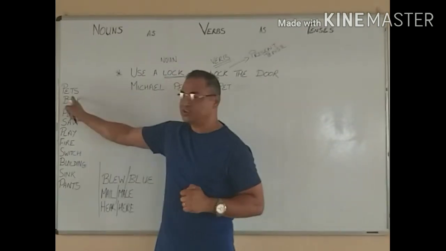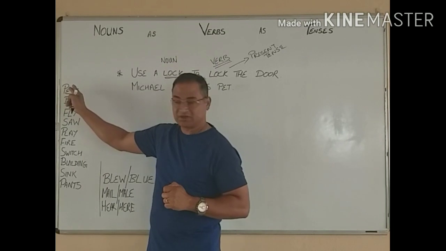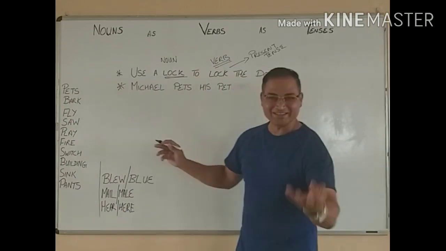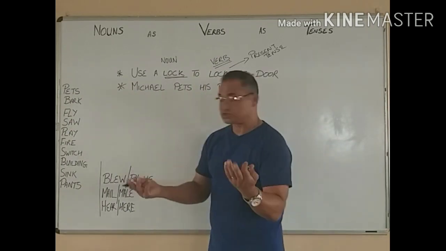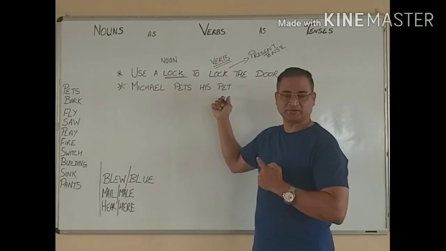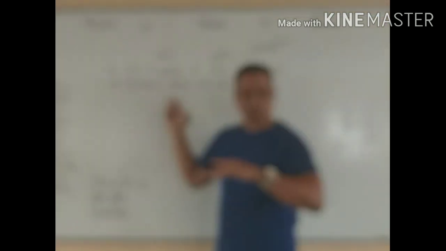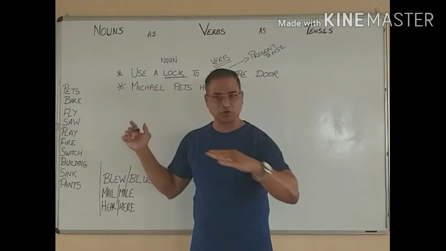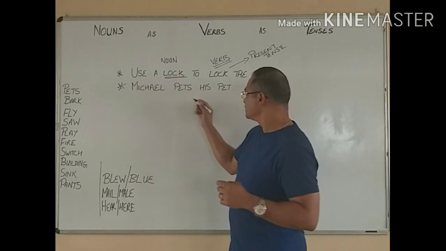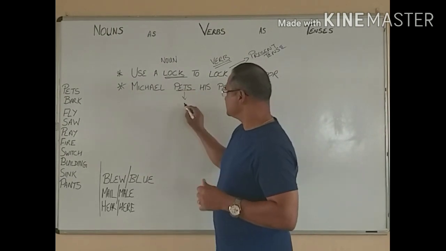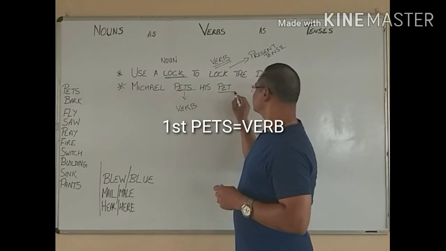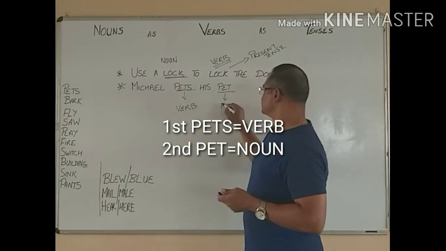Alright? Now see, the first one I have here is pet. And I'm going to use the second sentence so that you understand how we change it. Michael pets his pet. Now the word pet is putting his hand on the dog and patting him. Okay, he pets his pet. So the first pet here is the verb, and the second pet here is the noun.